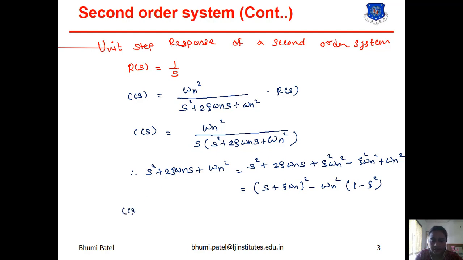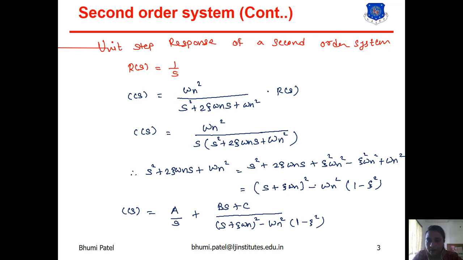So C of S, using partial fractions, we can write like this: A upon S plus Bs plus C upon S plus zeta omega n whole square plus omega n square 1 minus zeta square.